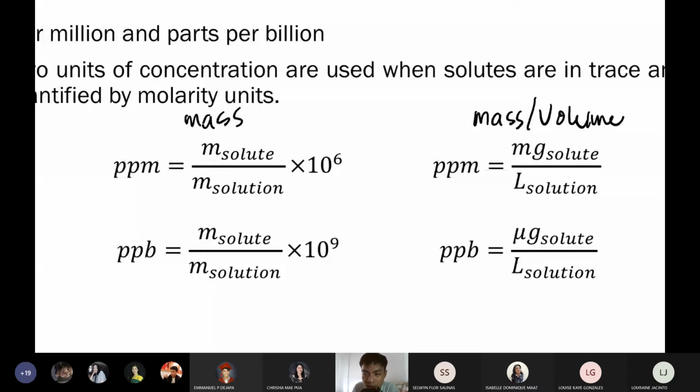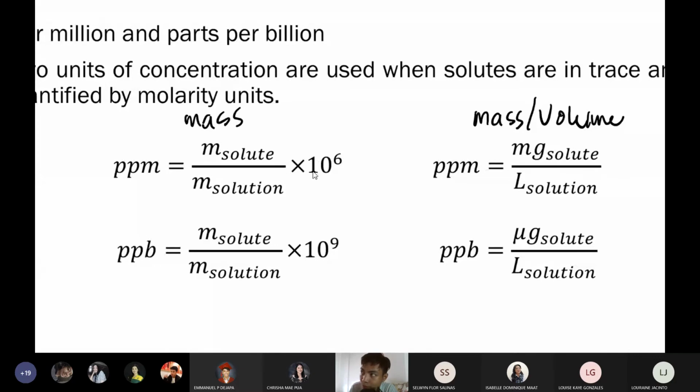Either way naman, same pa rin yung makukuha yung sagot. Okay, sa Anachem, we use this one, the mass per volume. Mas madali kasi siya gamitin. Okay? Pero kapag mass yan, that is just the ratio of the mass of solute over the mass of solution. The two units should be the same kasi parehas mass yan para mag-cancel out yung unit. For ppm, you multiply the ratio by 1 million, 10 raised to 6.